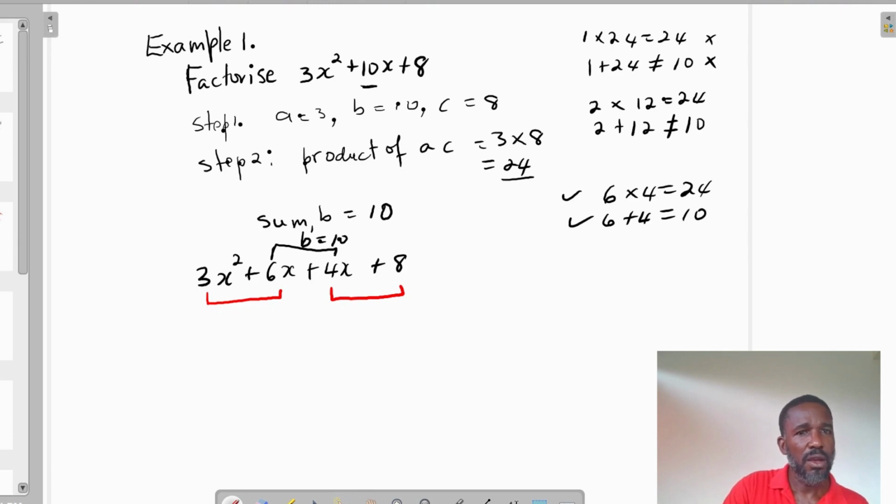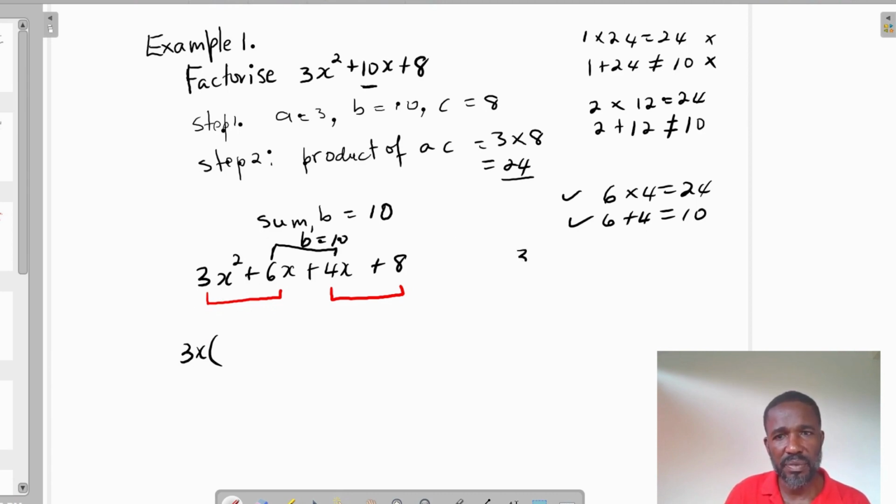So for this first section, we're going to see what is common here. What's the highest common factor here? We have 3 is able to be divided into itself, and 3 is also able to be divided into 6. So we know that 3 is part of the HCF. And since we have x squared and x, we know that x is also part of the HCF. So what we are now going to do is divide each term by 3x.